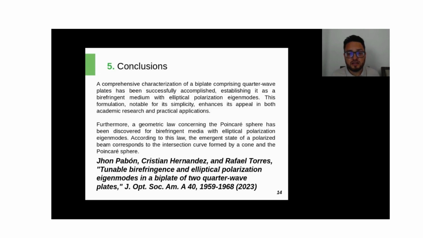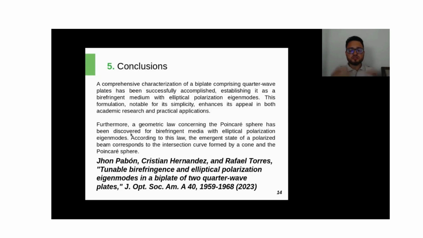It is the most important and used mathematical behavior of this algebra. On the other hand, with matrix algebra like Jones or Stokes, it could be very difficult to obtain the same result that we obtain here.